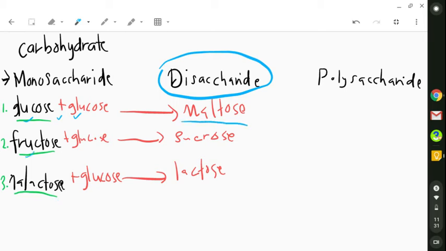If fructose combines with glucose, it will form sucrose. And the last one, if galactose combines with glucose, it will form lactose. These combinations occur through a process of condensation.